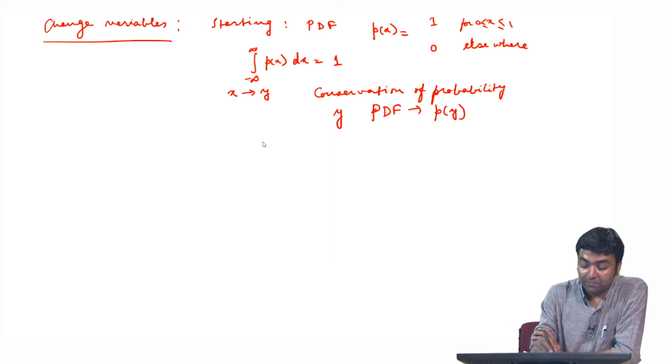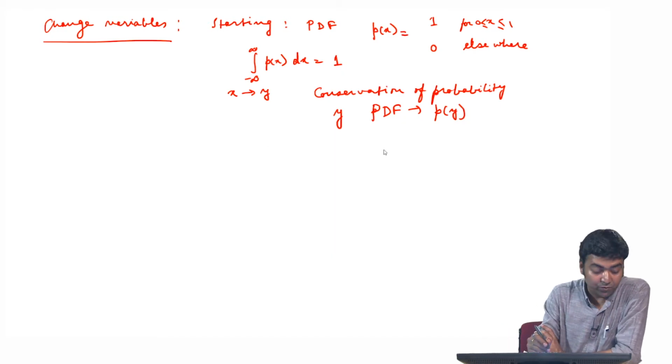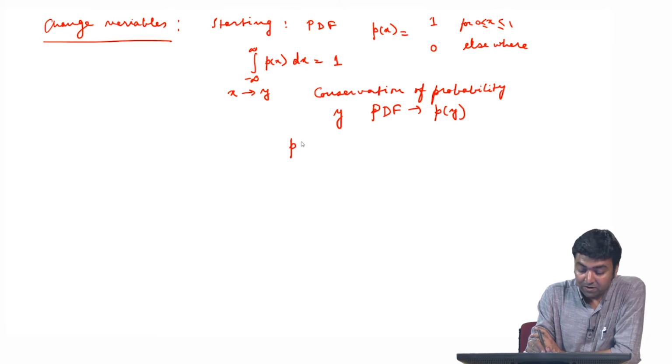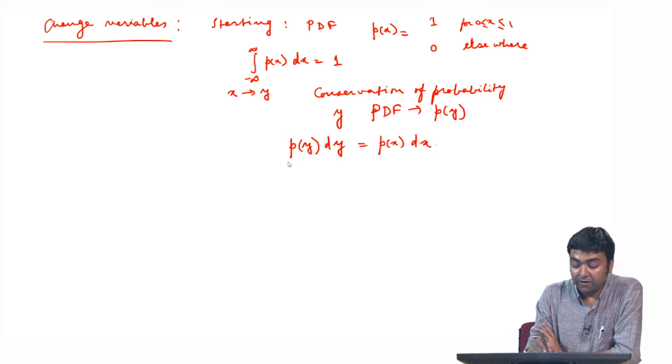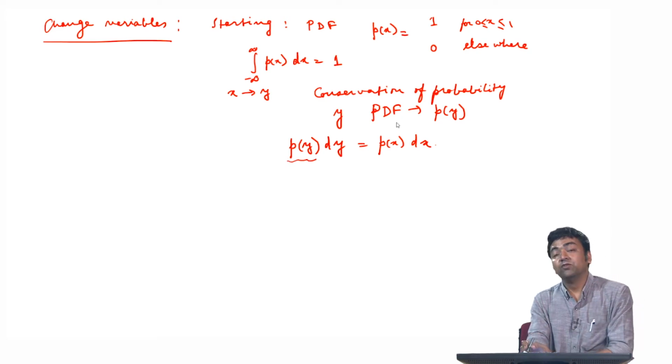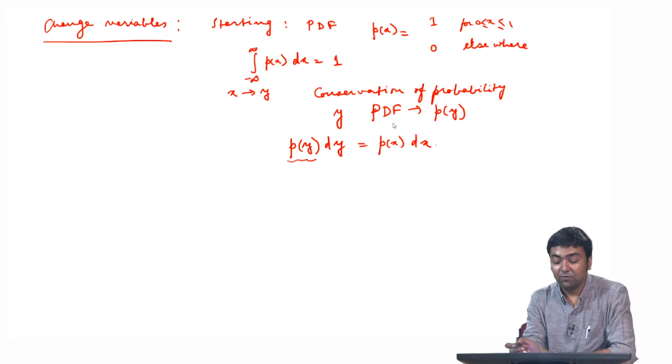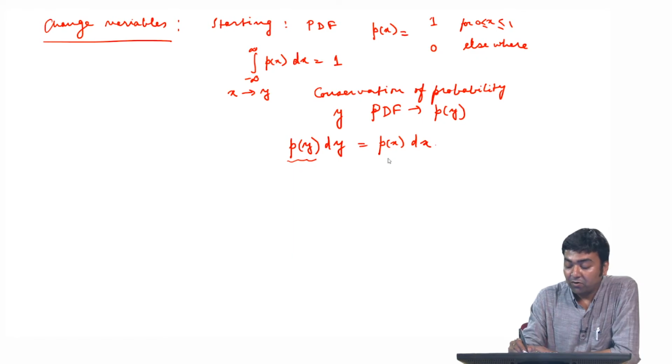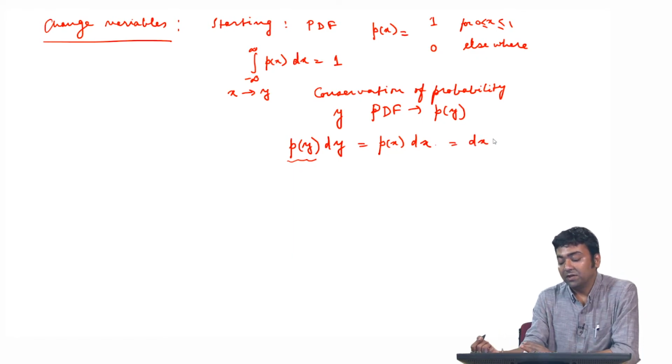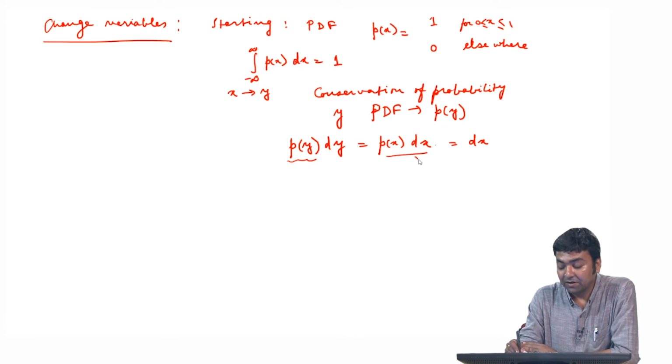According to the conservation of probability, p y dy should be equal to p x dx. Here p y dy is the new probability distribution which I want to go to, but we already know that p x is equal to 1, so the right hand side is nothing but dx.